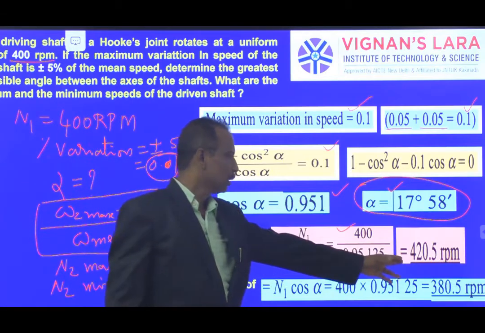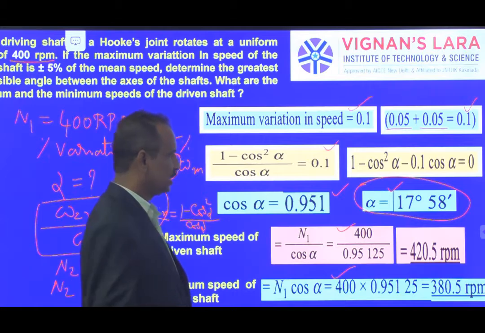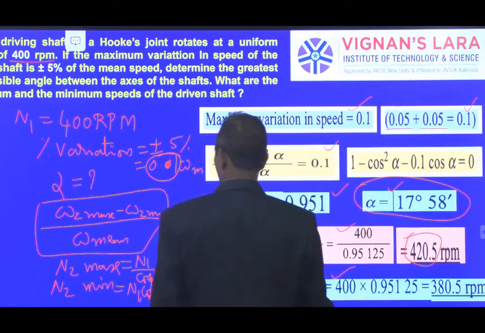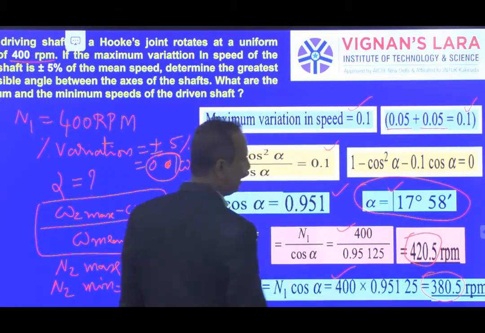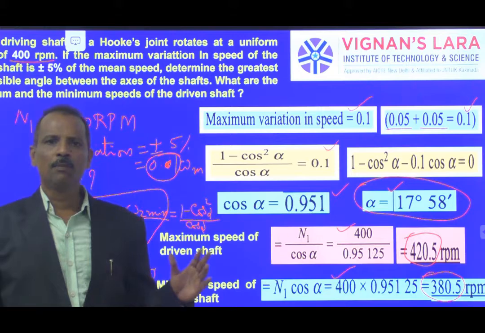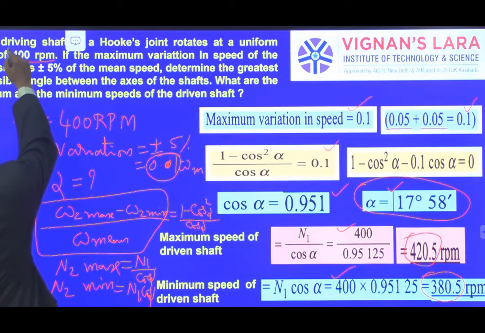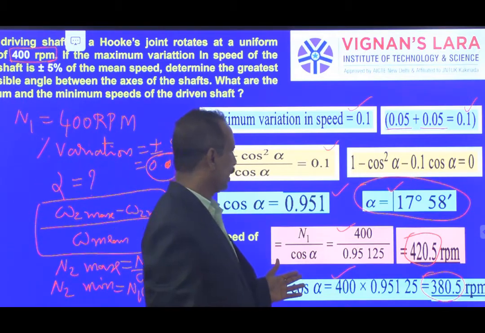It gives 420 and 380 RPM. You can check once again the same thing. 420 and 380. That means the mean input shaft is rotating with a speed of 400 RPM.